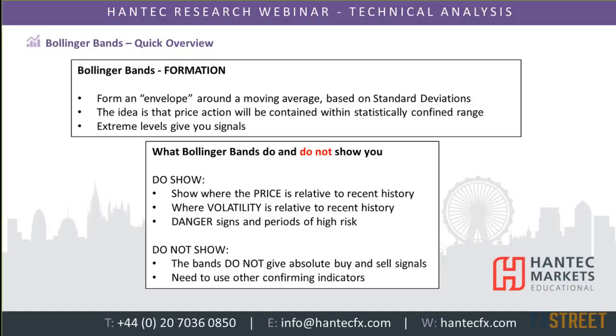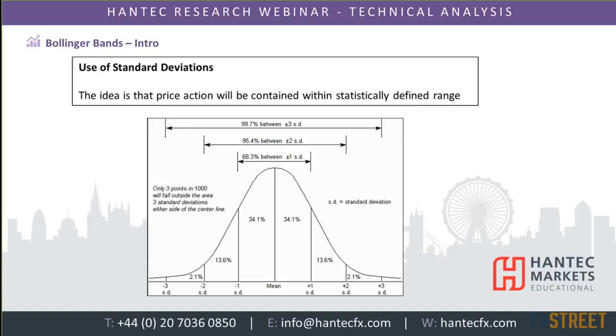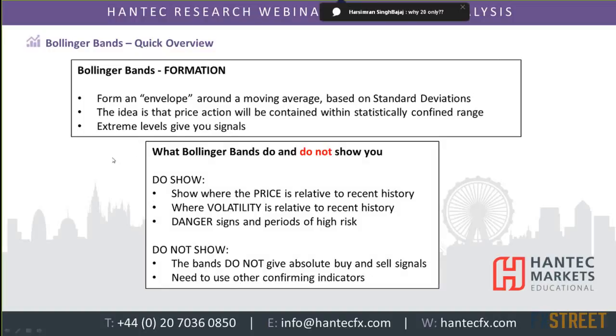Statistically, a 2 standard deviation Bollinger Band would give you 95% of the price action within the bands. So it is a significant amount of price action, and theoretically the price action would be within the bands, and subsequently we're looking for extreme levels to give you trading signals.